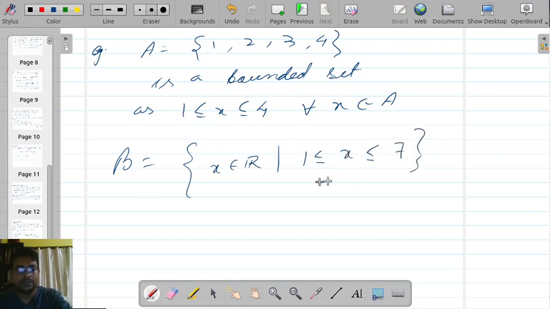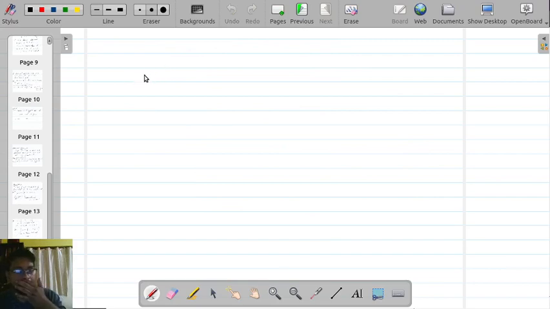This is also a bounded set. So till now we have seen examples of sets where we get lower and upper bounds quite easily. But many times it may not be possible to get such bounds directly.